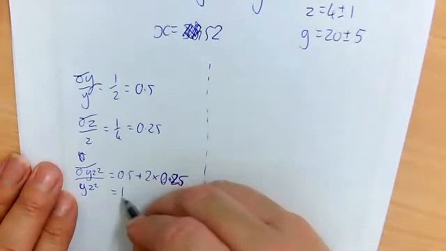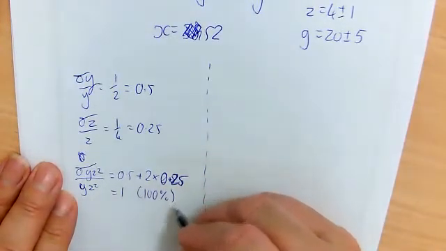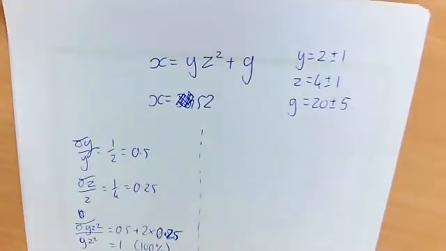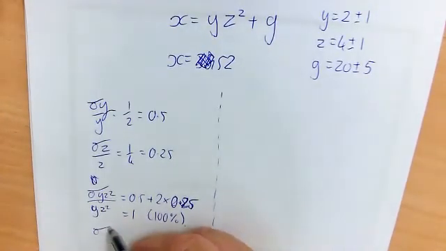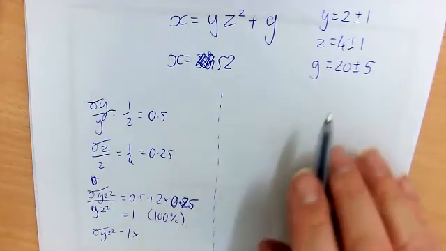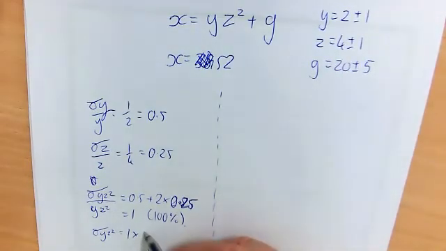Which comes out to be 1, which is 100% uncertainty, which is pretty awful. So the uncertainty in y z squared is going to be 1 times whatever y z squared was. Well, y z squared was 2 times 16, which is 32.